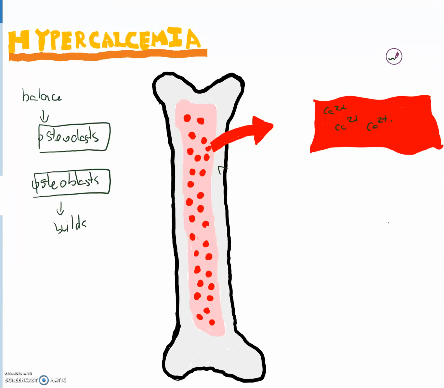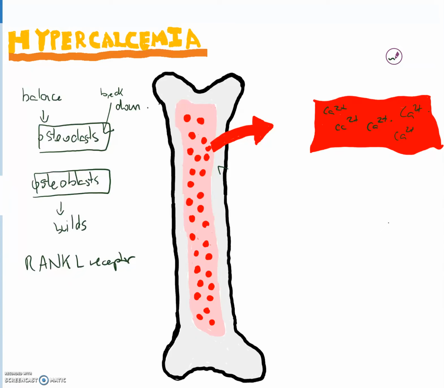But in multiple myeloma, there's a mutation in a receptor complex called the RANKL receptor complex. And this causes hyperactivity of the osteoclasts, which break down bone. So they chew off bone, and chew off the calcium, and put it into the blood. So the blood is now loaded with calcium.